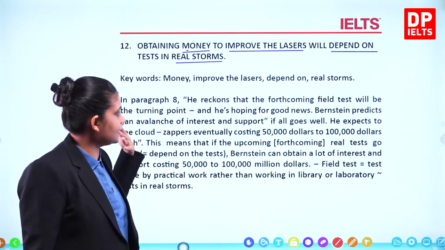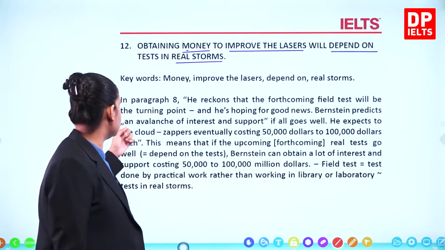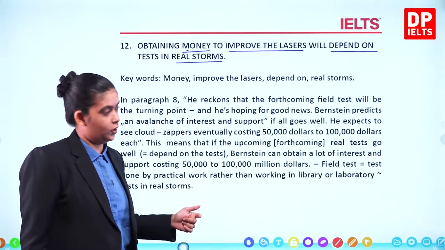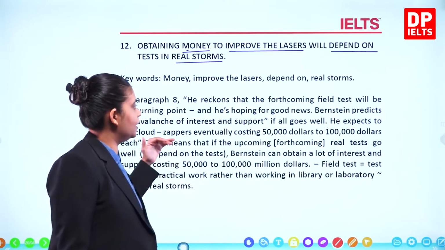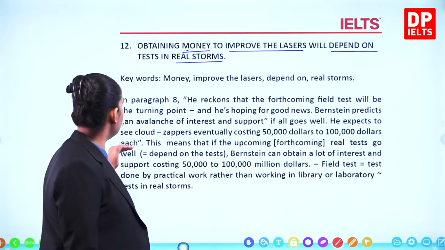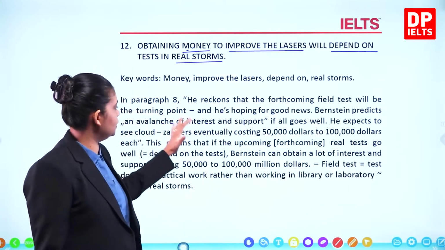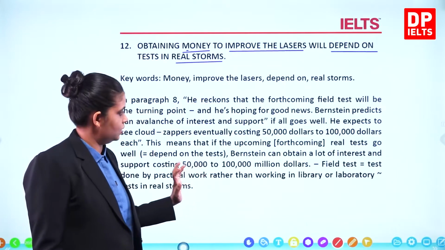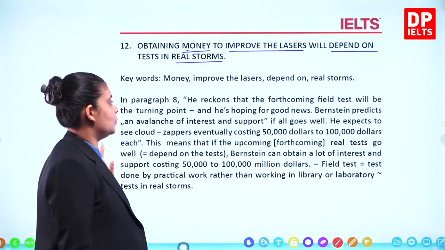He reckons that the forthcoming field test will be the turning point and is hoping for good news. Bernstein predicts an avalanche of interest and support, if all goes well, right?